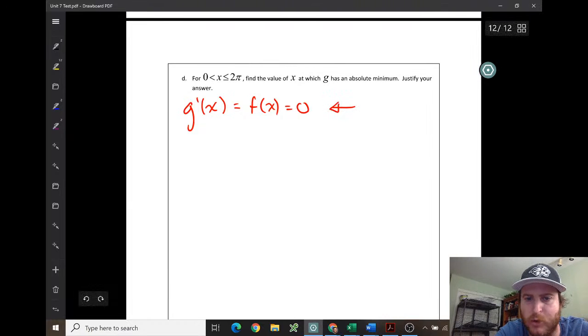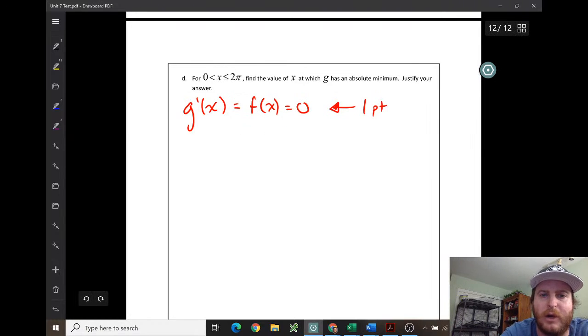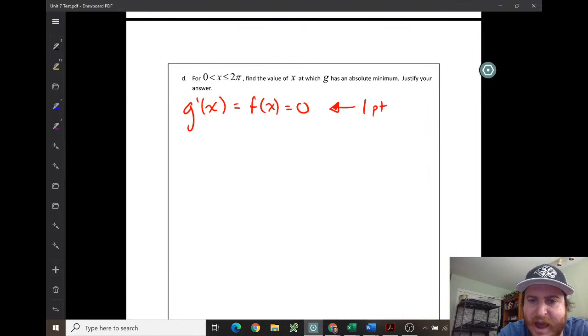This again is worth 1 point. That line there is worth 1 point. Now, if you just put g prime of x equal to 0, you'll probably still get the point. But it is so much better to write the whole thing. So now, even if you didn't do anything else, everyone should have at least gotten that 1 point.